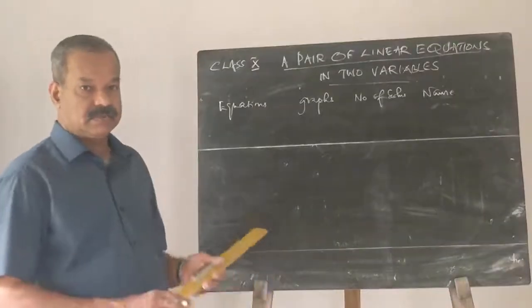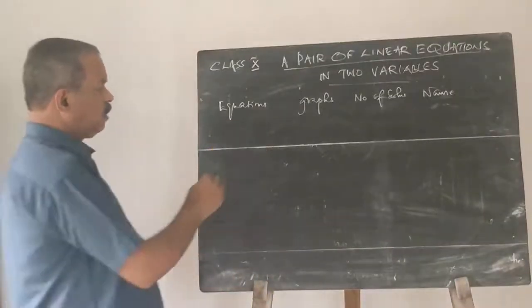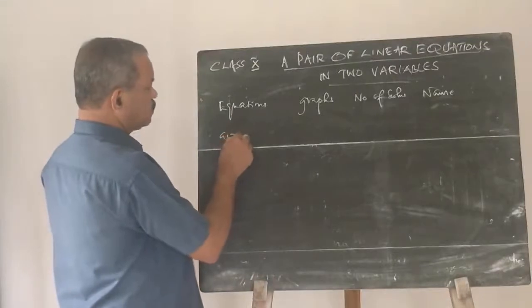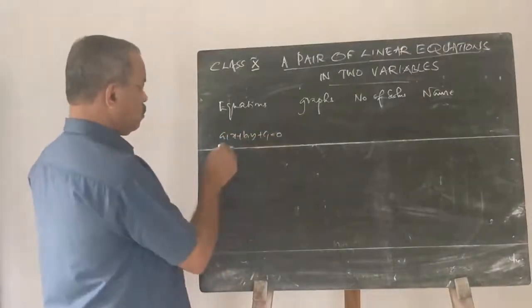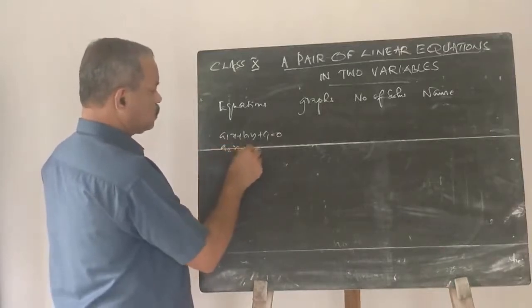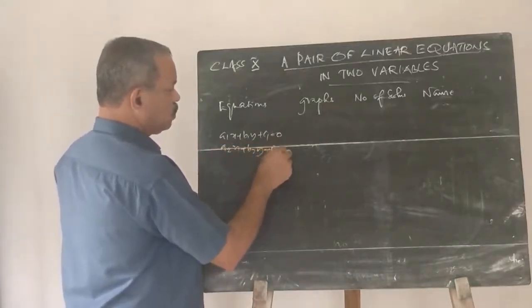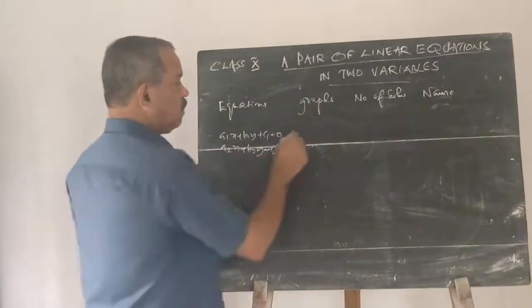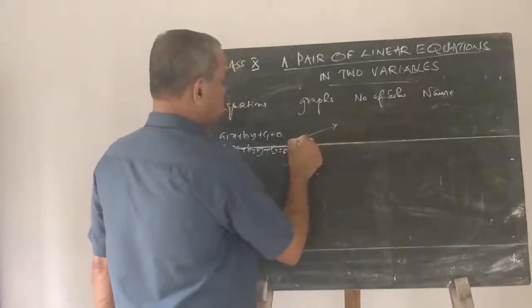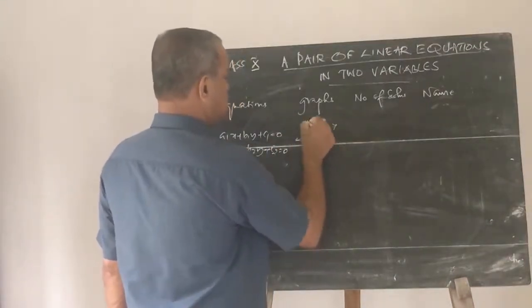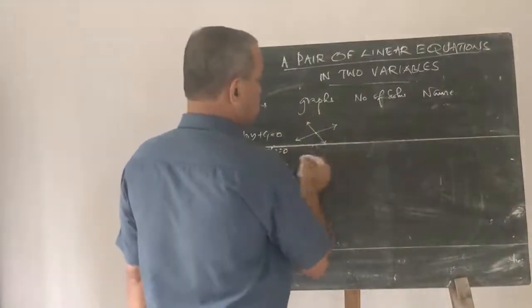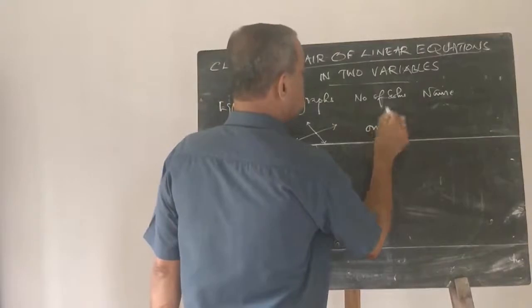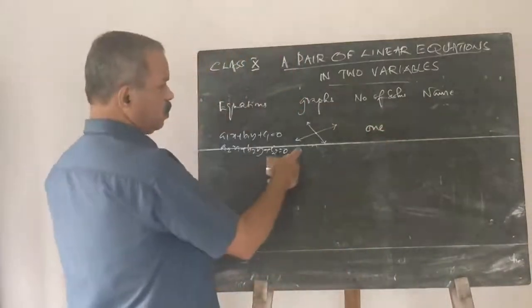So we can summarize the same in this manner. Equations a1x plus b1y plus c1 equal to 0, a2x plus b2y plus c2 equal to 0. If the graphs are intersecting lines, then the number of solutions is one solution, or unique solution.